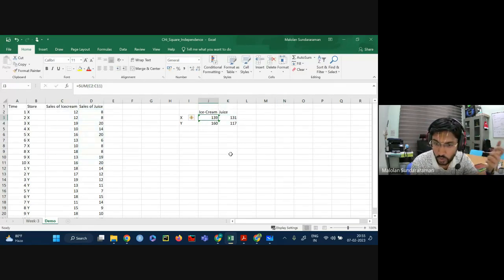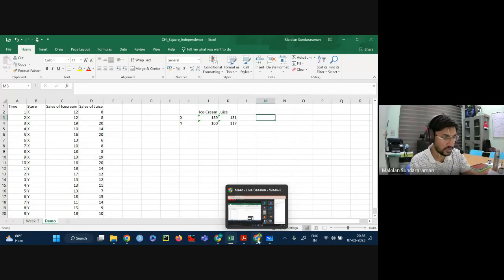I am checking whether my total sales in X is different from the total sales in Y. That is my goal. I want to compare total sales of ice creams and juices across X and Y. All right. Okay. Now we can proceed to the test.